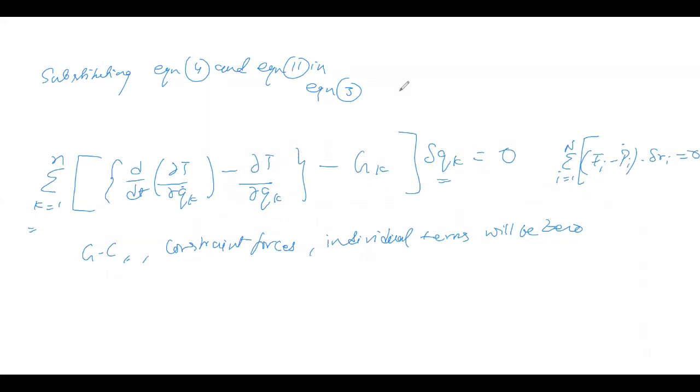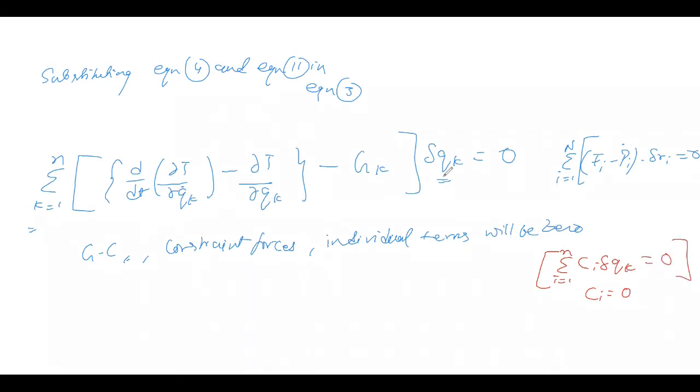We have discussed this before. If I have sum over i equal to 1 to N of Ci delta Qk, where Q are my generalized or independent coordinates, then all the Ci must be 0 for this condition to hold.